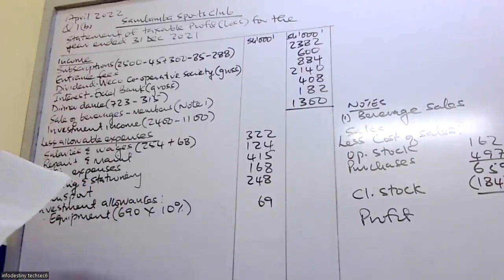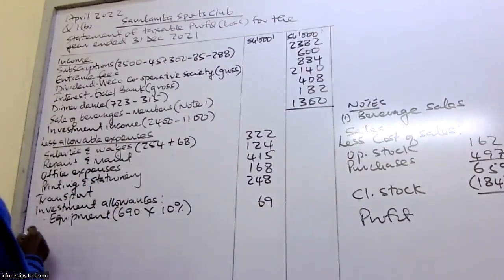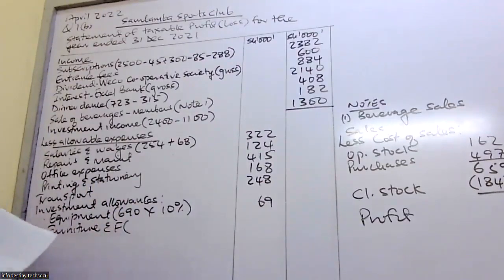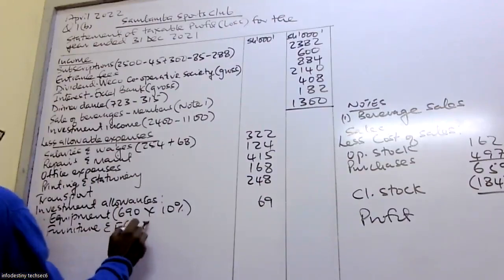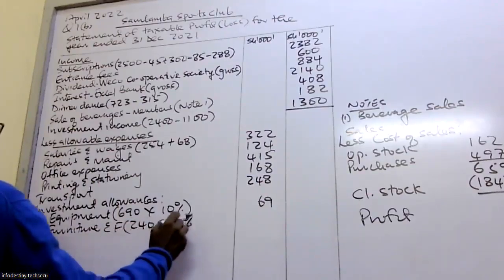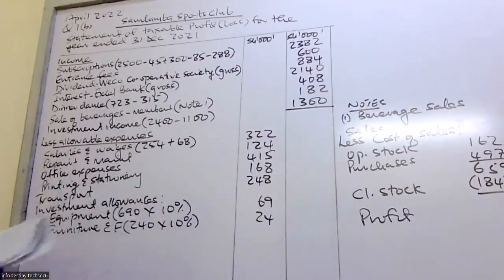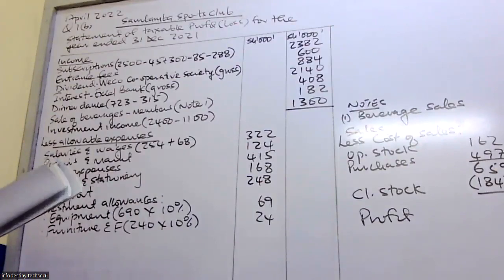Then you have furniture and fittings at cost. Furniture and fittings is 240, is 24. I think that's it. So you get total income, less total allowable expenses. The examiner did not want tax, so it's just taxable income.